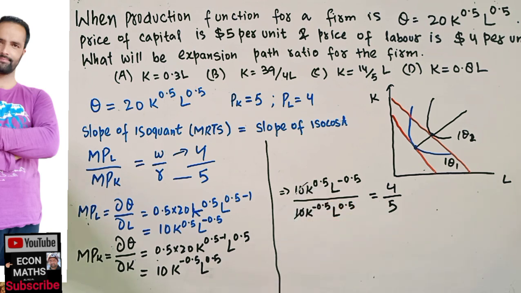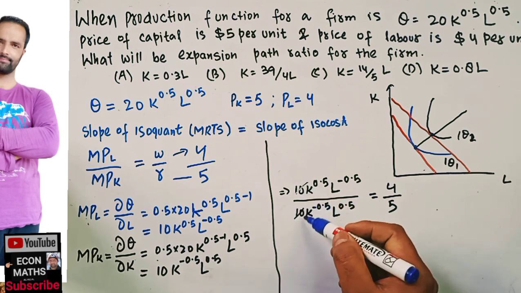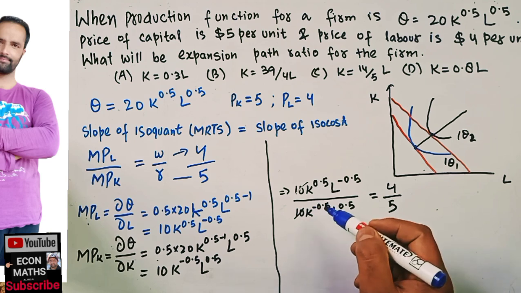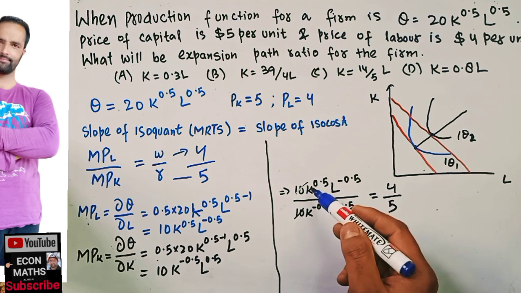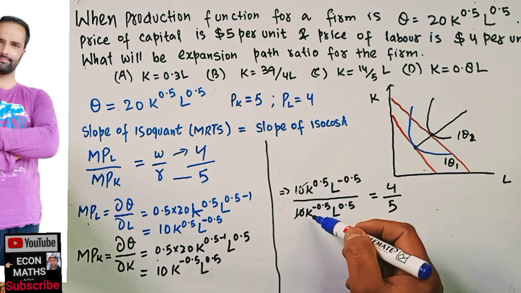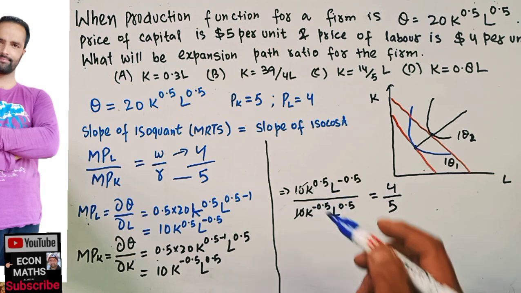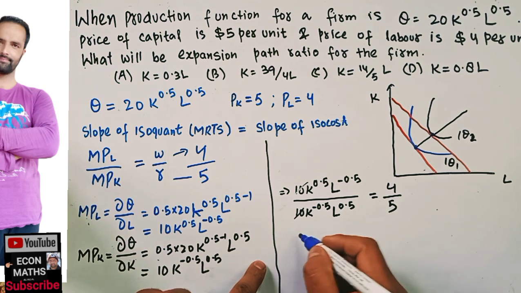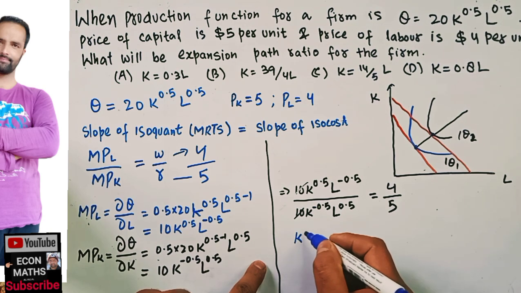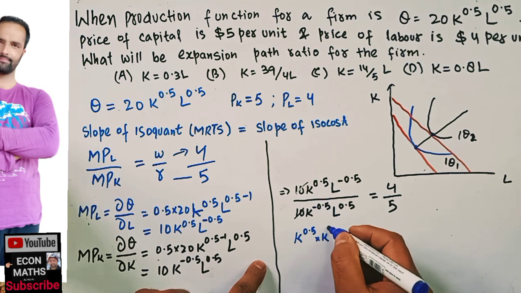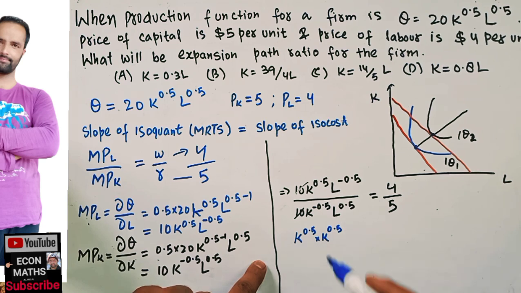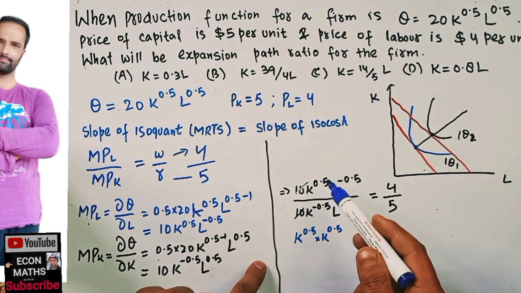We can do one thing here. If I transpose this K to the power minus 0.5 to the numerator, it will get multiplied with this K and the sign of the exponent will change. So I can write it like this: K to the power 0.5 times K to the power plus 0.5.